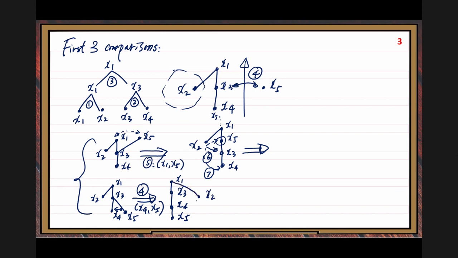X2 here. Now the boundary search number 5, yeah, this is number 5. So number 6, sorry, this is number 6. Last one, the boundary search 7, okay? Worst case 7.